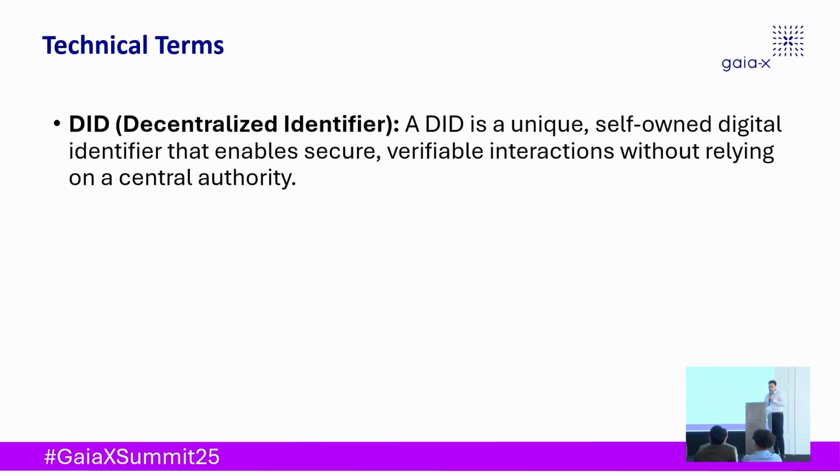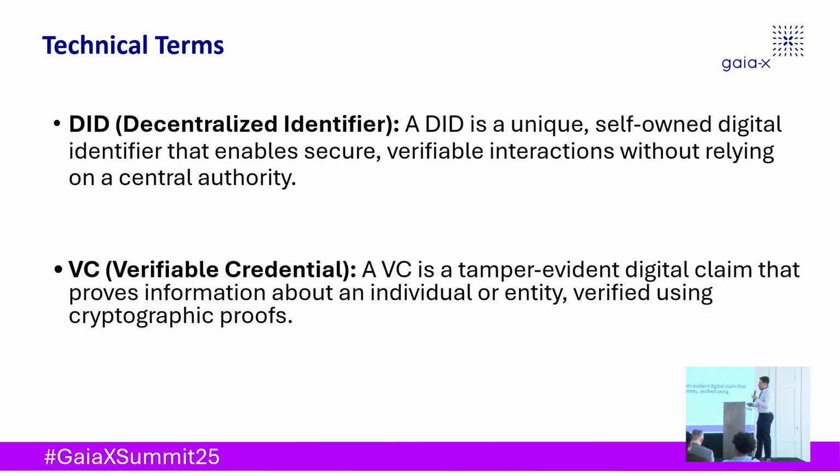So first of all, we will hear in this presentation and even in the other technical presentations some terms like the DID. What we mean by DID is decentralized identifier. A DID is a unique self-owned digital identifier that enables secure, verifiable interaction without relying on a central authority, basically.